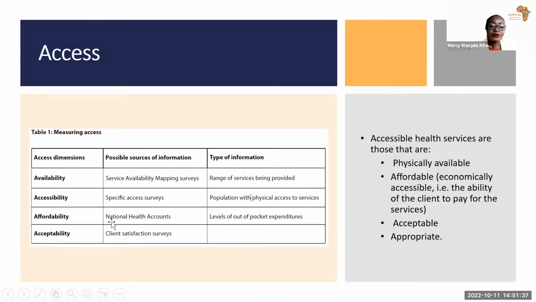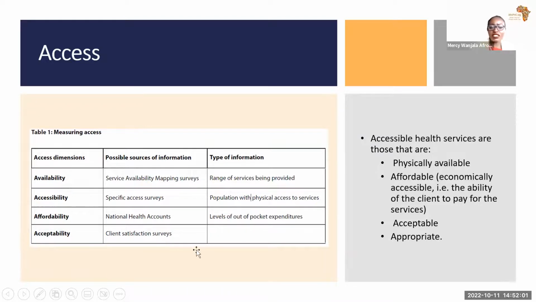Then in terms of affordability, the national health accounts can show you how much is paid out of pocket, how many patients pay by insurance and how much insurance pays, and whether they are able to pay that. And household surveys can also tell you if after paying for that service, they went into catastrophic healthcare expenditure, if you want to go further.